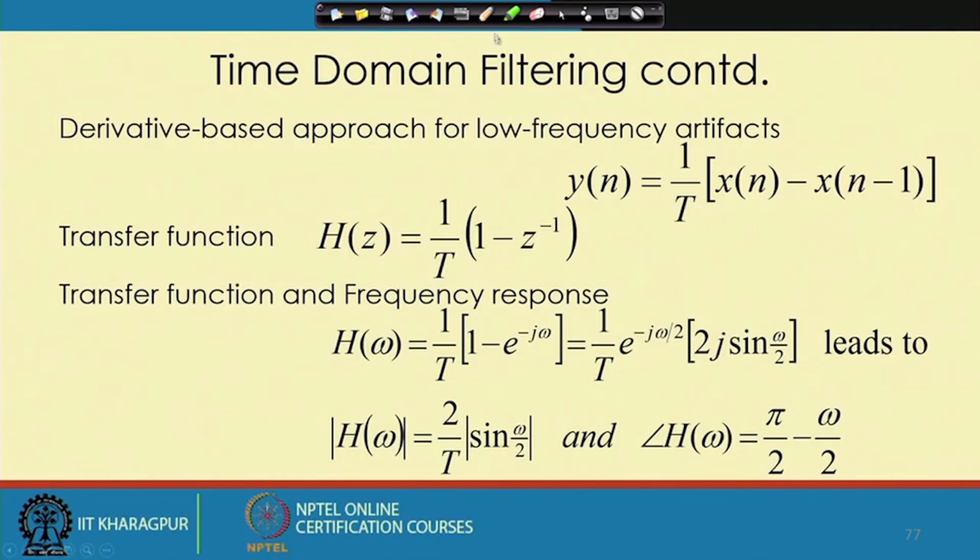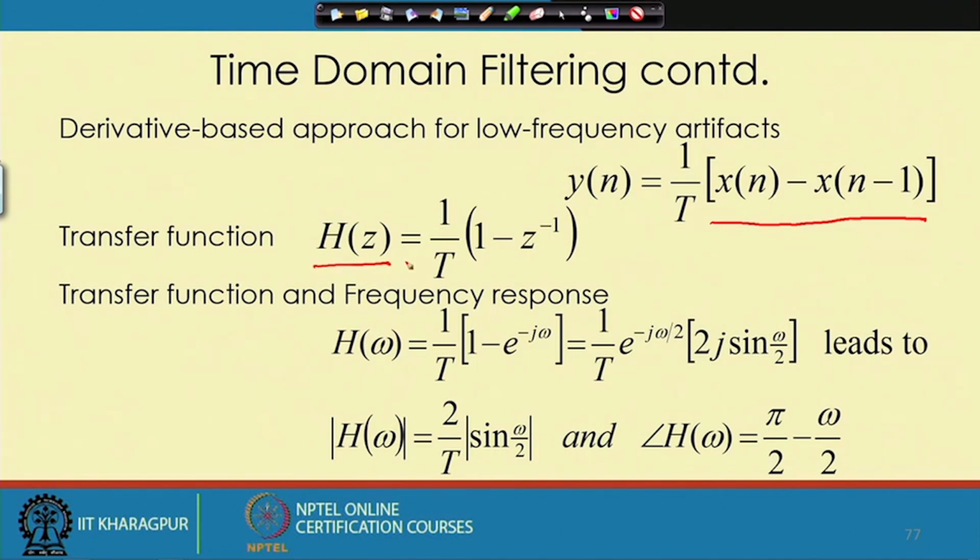Again it is a time domain filter and again it is in the form of a MA filter, but some of the coefficients need to be negative in this case. Here we have taken the simplest form of it, where we take the difference between the present and the past input value, and the corresponding transfer function is given here, H(z).